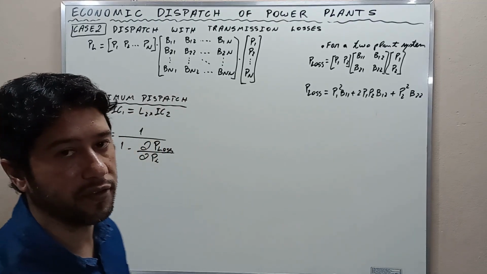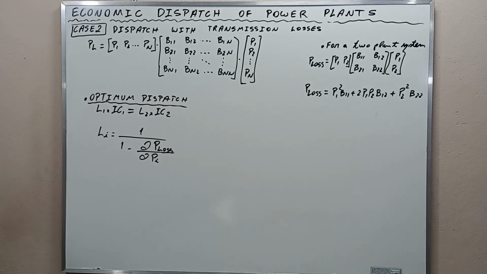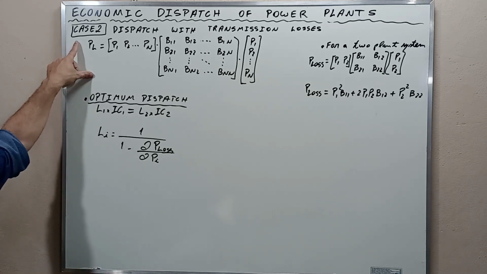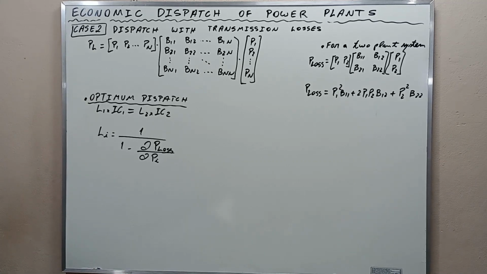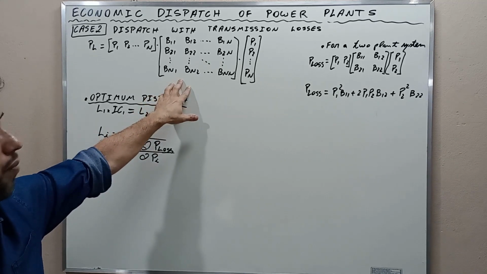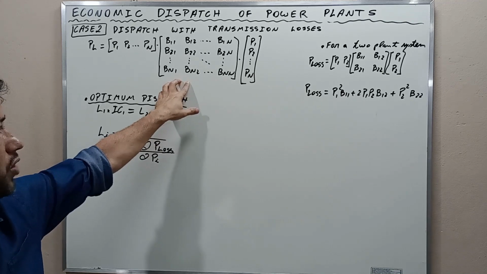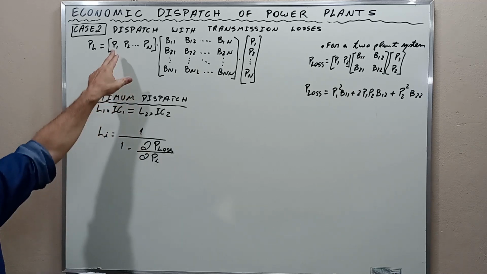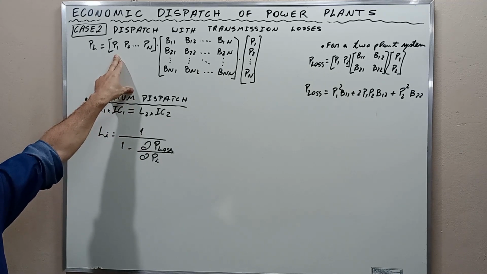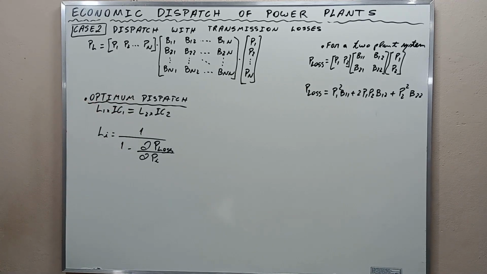Before moving on to the next exercise, let's see the case in which transmission losses are considered. Case 2, dispatch with transmission losses. Transmission losses are expressed by this matrix multiplication here, in which the elements of matrix B are called loss coefficients. And observe that we are not anymore talking about generating units of a single power plant. We are talking about the power outputs of entire power plants here, where there are transmission losses between them and load centers.